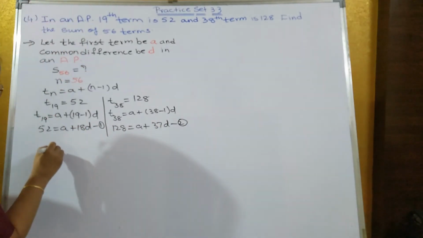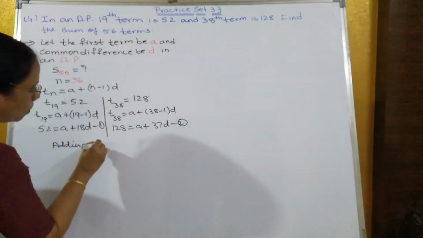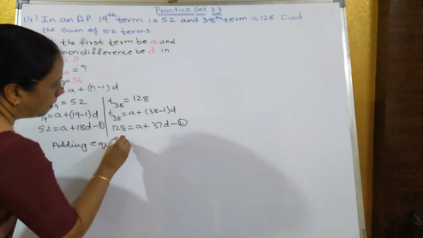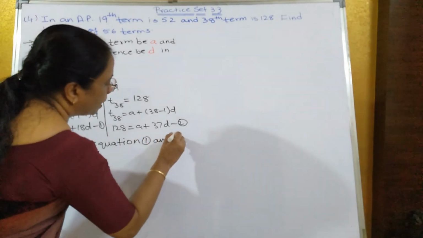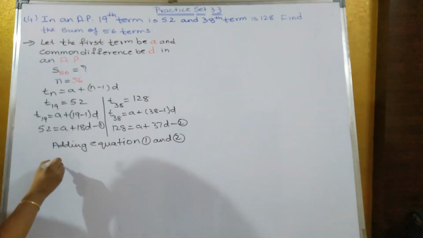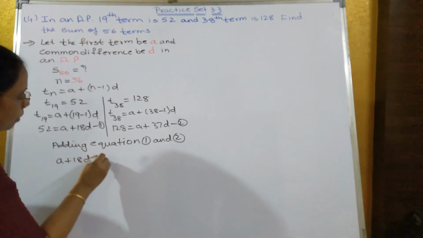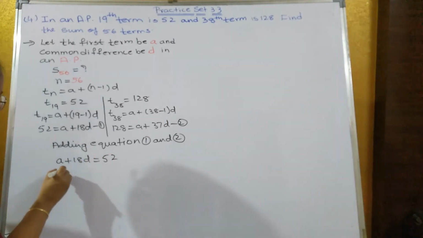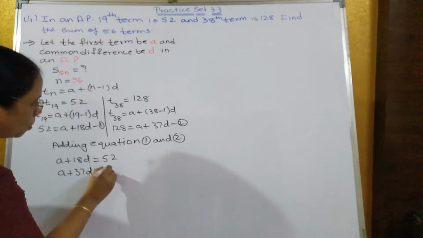Now add equation 1 and 2. Adding equation 1 and 2, what do we get? A plus 18D is equal to 52 and A plus 37D is equal to 128.